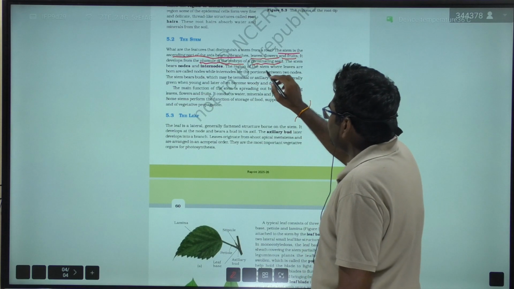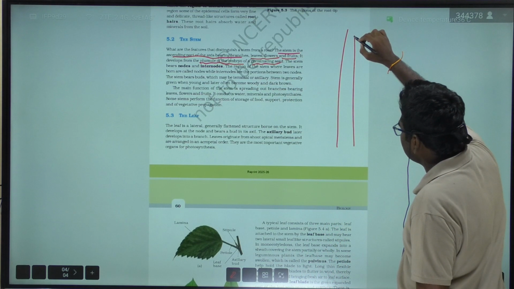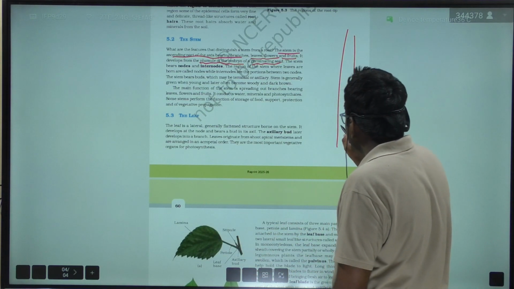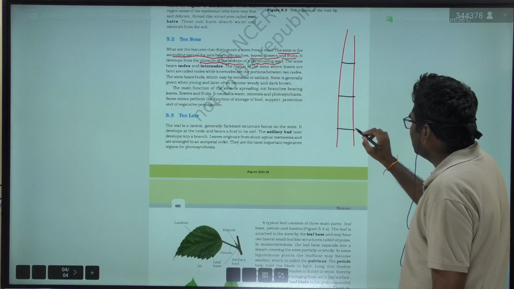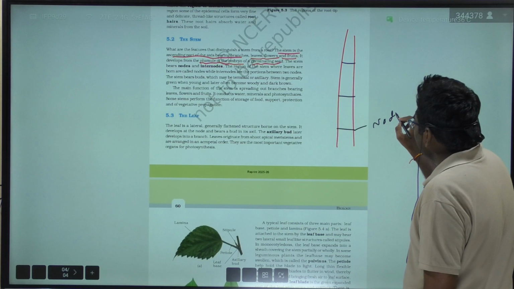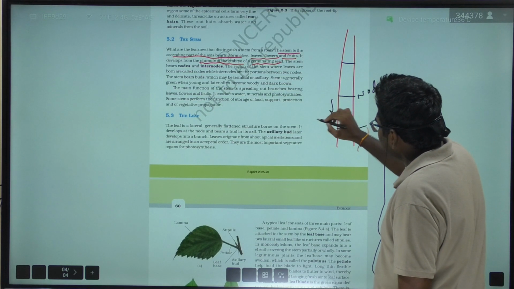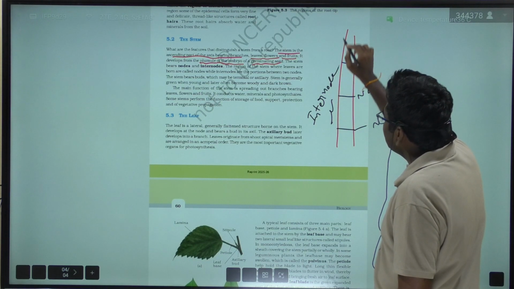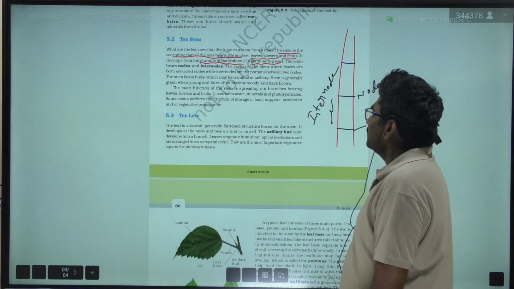The stem bears nodes and internodes. This is a node, this is a node, this is a node, and the space between two nodes is known as an internode.